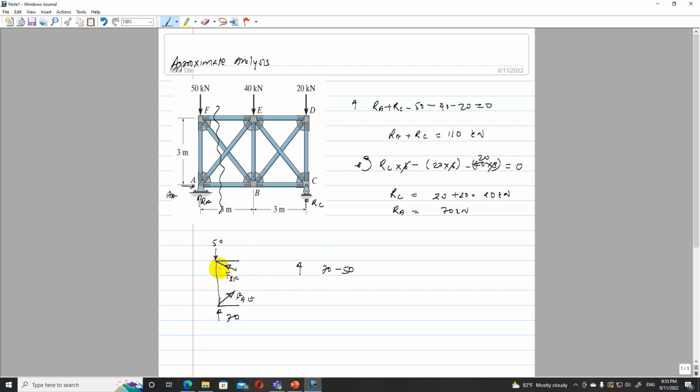So if I take the horizontal component, the vertical component will be upward. So that is FBF cos 45 degrees. So this is 3, this is 3, so this one is 45 degrees. So cos 45.